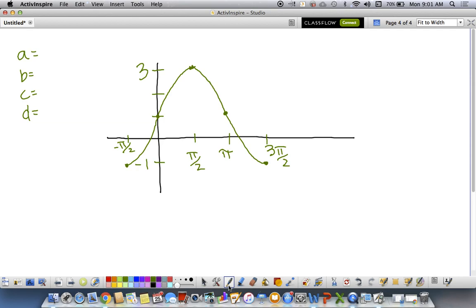So it's gone up to 3. It's gone down to what? -1. So, do we have a vertical shift in there somewhere? So does it go up and down to the same number? No. So have we shifted up or down somewhere?